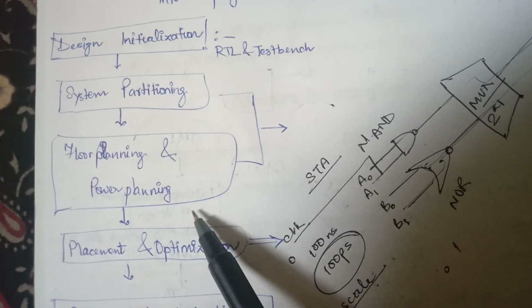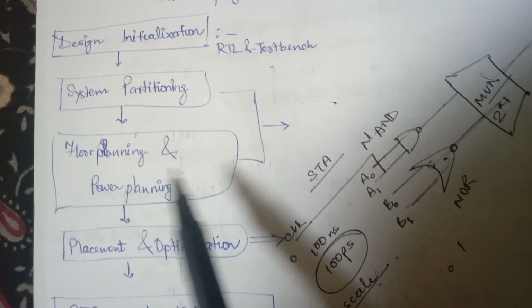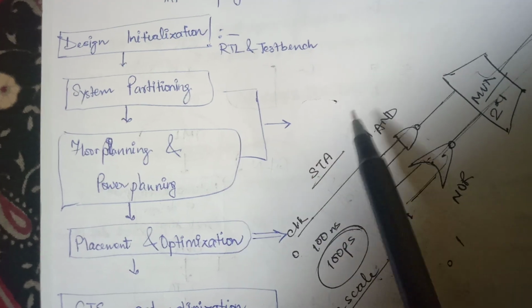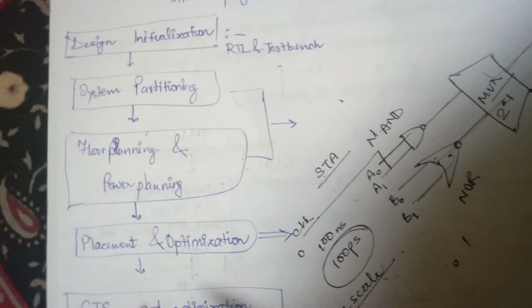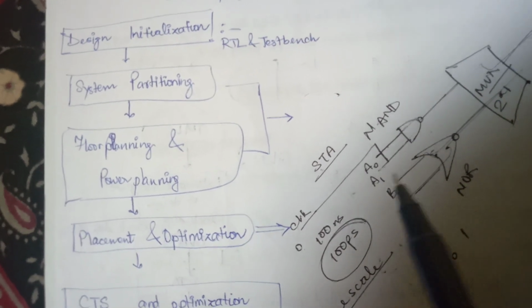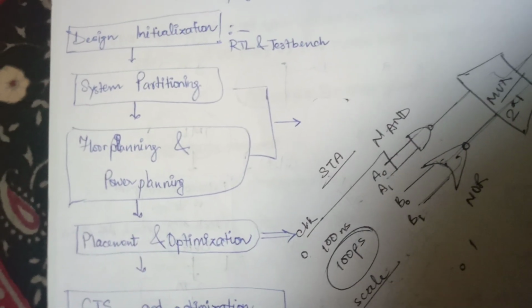Thereafter we use floor planning to decide how our chip will look and what its outline is, then power planning, and thereafter placement and optimization, which decides which circuit and which schematic should be placed where, via the wires and such.